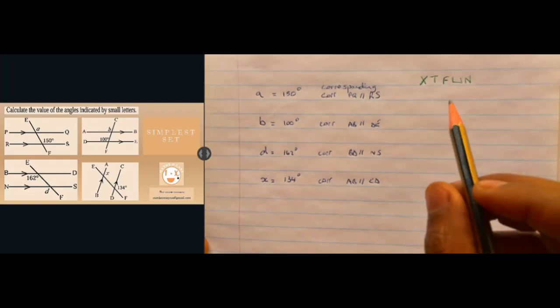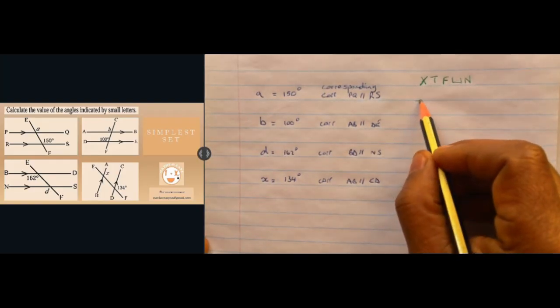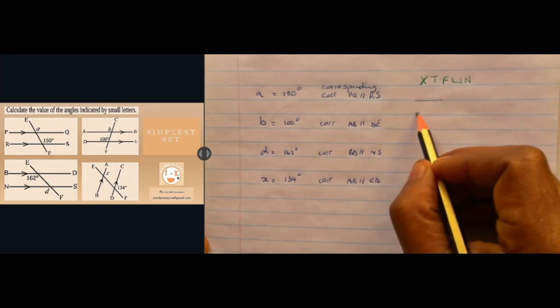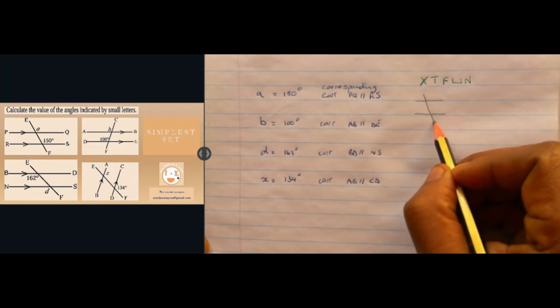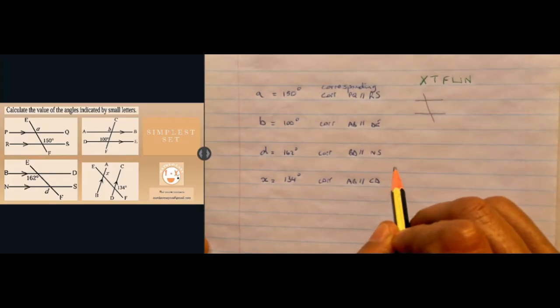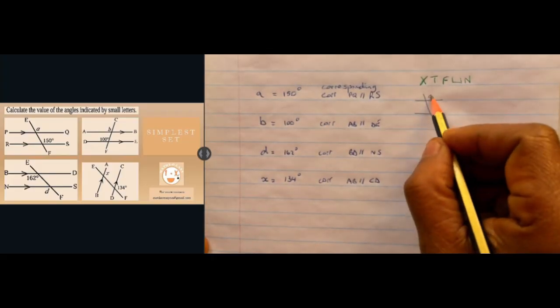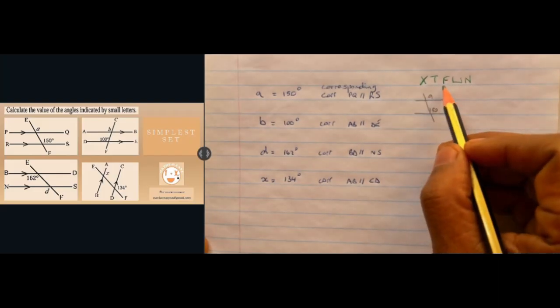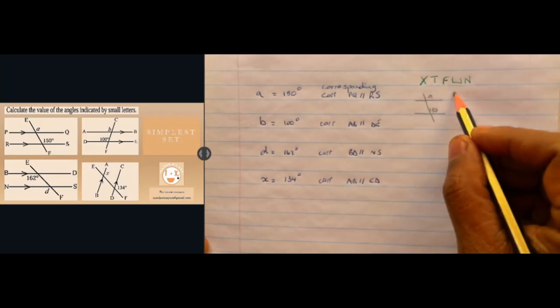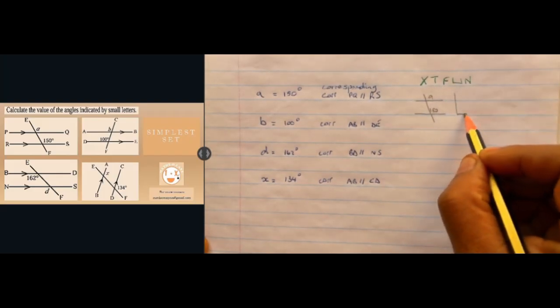If you look at this picture, the parallel lines, what do we have there? We have this situation, and we have an A and a 150. So what have they done? They've taken this F. How is it positioned? It is positioned this way.